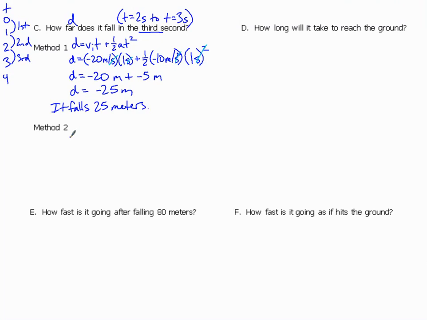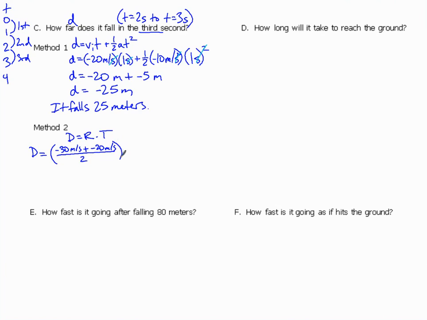Again, you could use method 2, distance equals rate times time. So distance equals our average velocity over the interval. So our final velocity is negative 30. Add that to our initial velocity, negative 20.